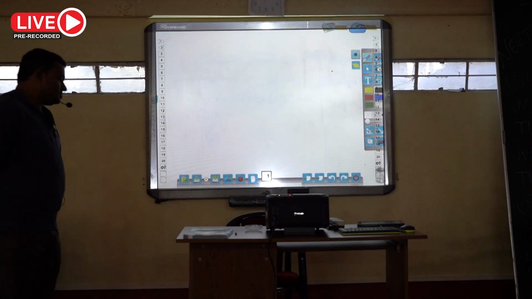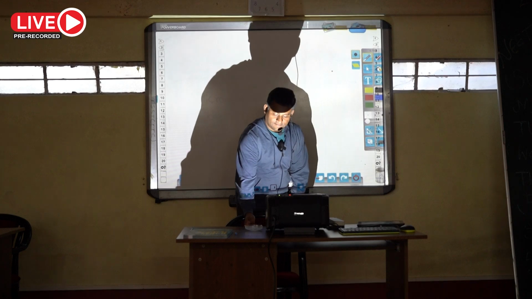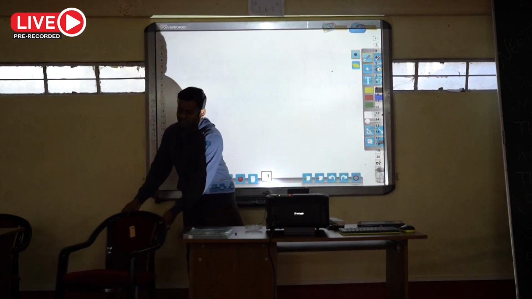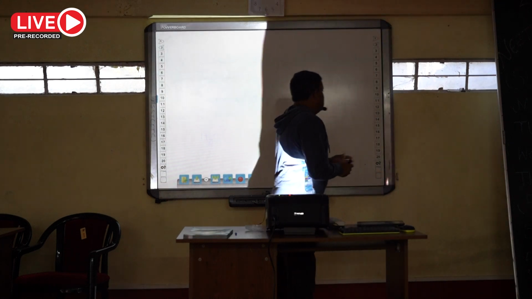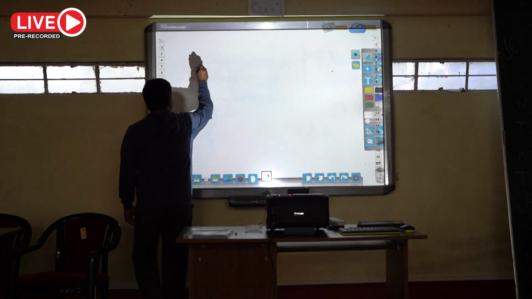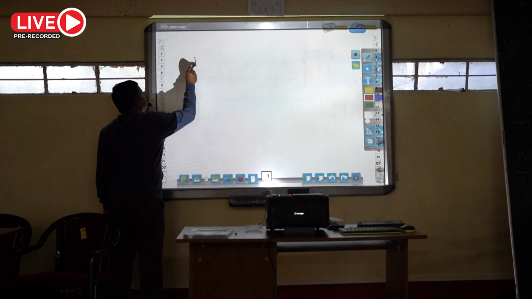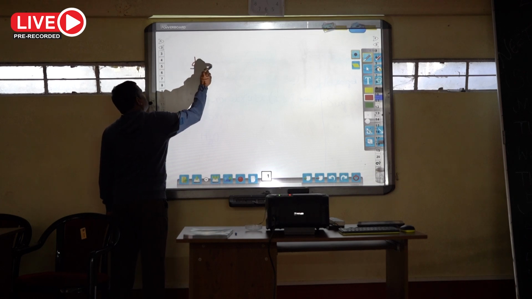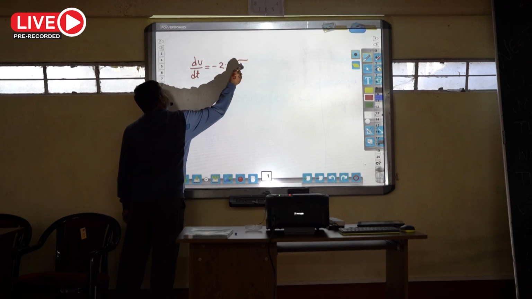Okay, so it is given here that dv/dt equal to minus 2.5 root v.